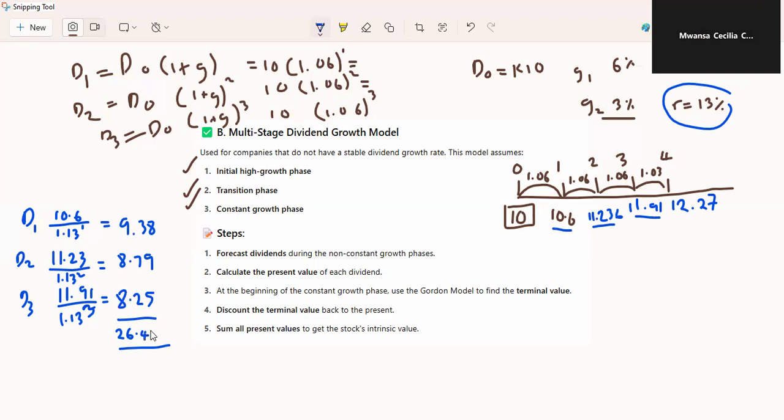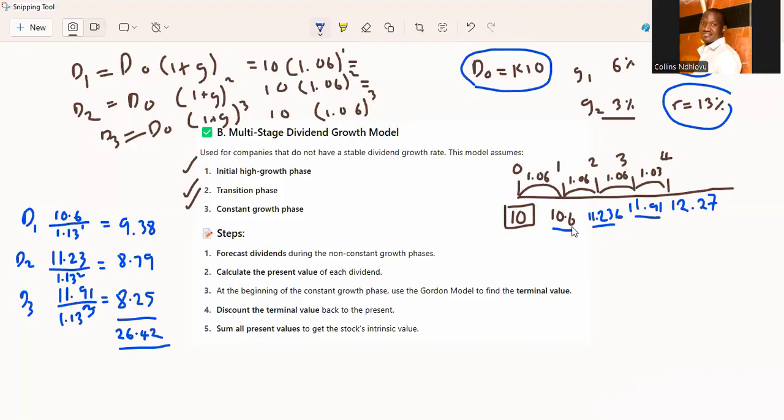Okay, a recap of what we've done so far. We're told that the company just declared a 10-quarter dividend, whose growth is 6% for the first 3 years. Thereafter, it drops to 3%. The required rate of return is 13%. So find the value of stock now. What did we do? We used a constant growth model to grow this 10 quarter for the subsequent 3 years by multiplying by 6% for the next 3 years. So 1.06, 1.06, 1.06.